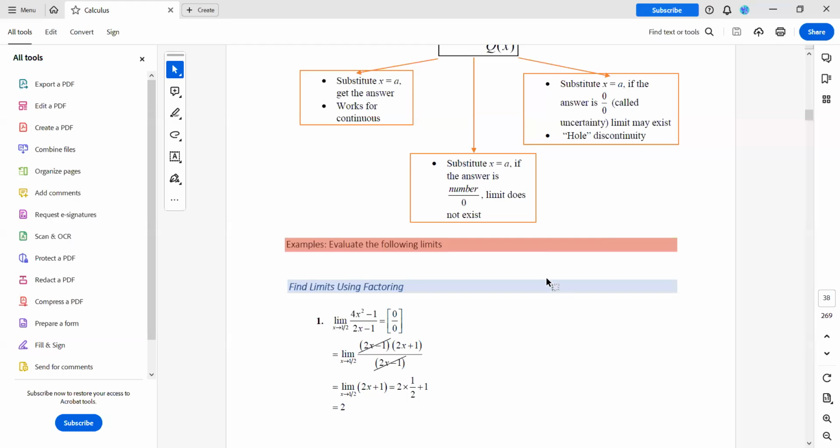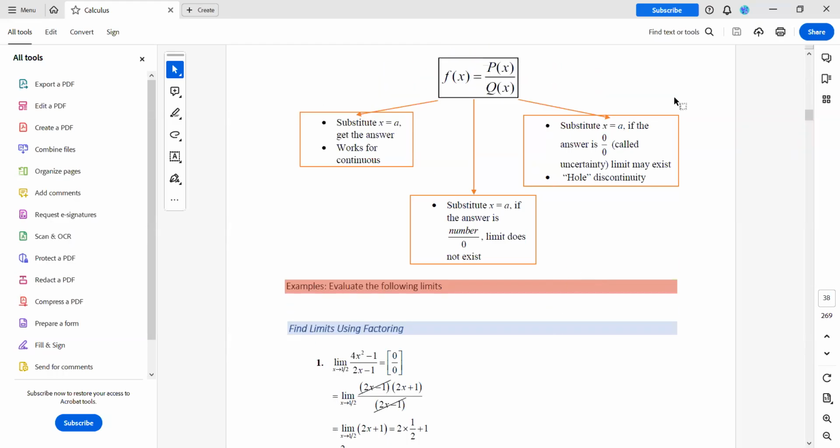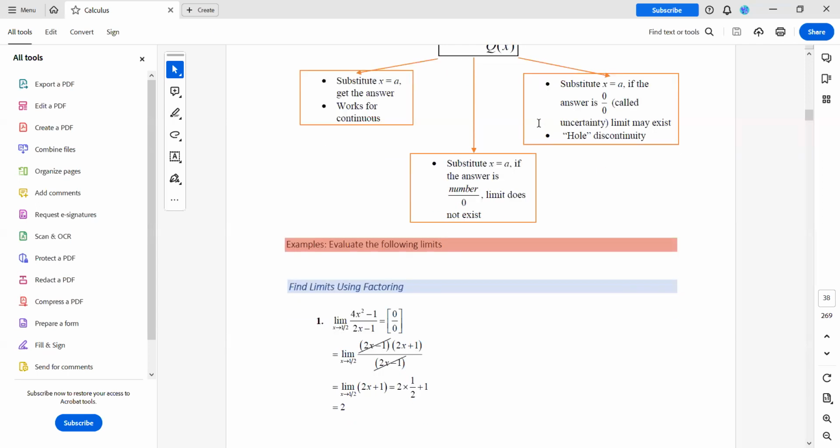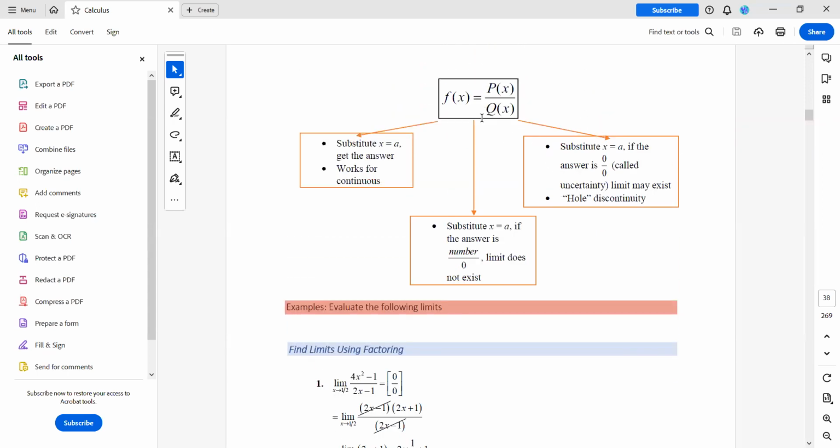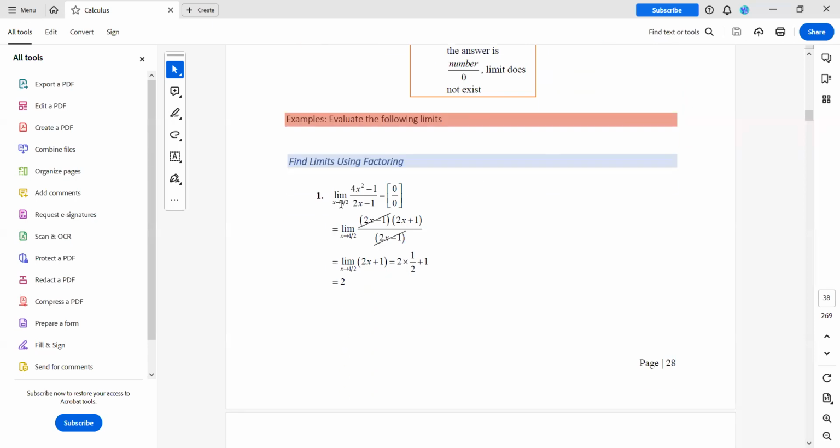We're going to be talking about just a brief explanation of limits. For a limit, f of x is equal to p of x over q of x. Anytime we substitute x with a particular number, and if the answer is 0/0, it's called an uncertainty, which means that limits may exist.